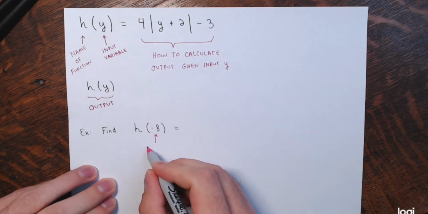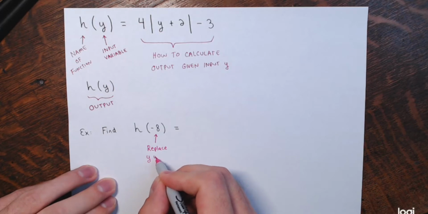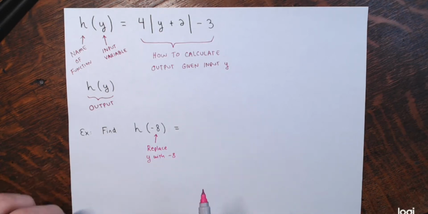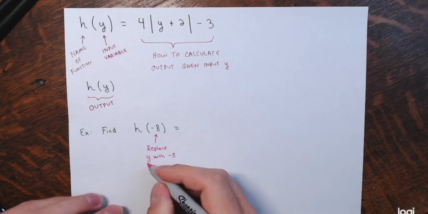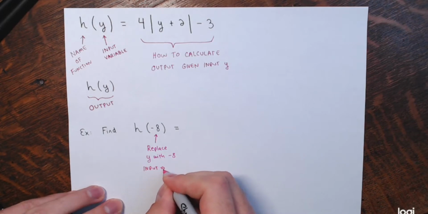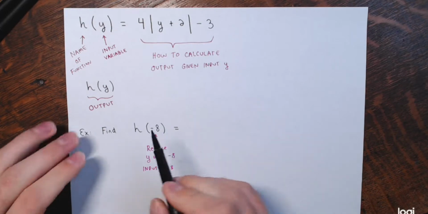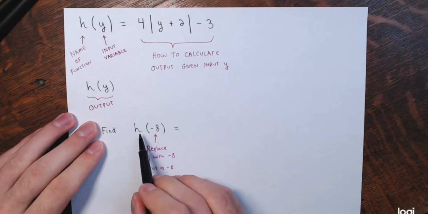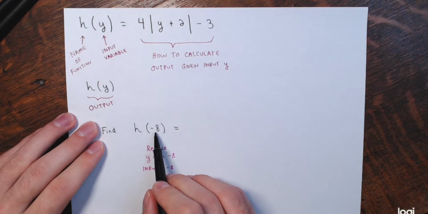So all I'm going to do is replace all the y's I see with negative 8. My input is negative 8. In other words, you could say that the input for this function is negative 8. Same thing. So when the input is negative 8, what's the output? This h of negative 8, that's the output at an input of negative 8.